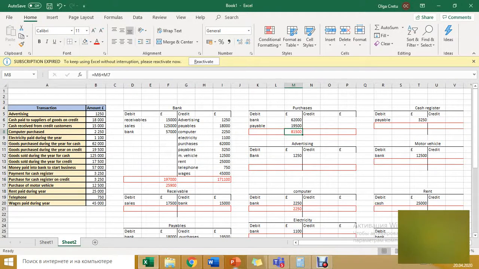We calculated this one as well. We don't have any other transactions, and whatever is bigger between these two sides, this is where we put the balance here, right?